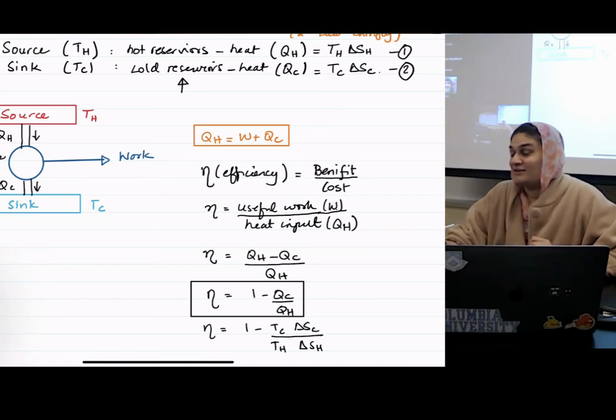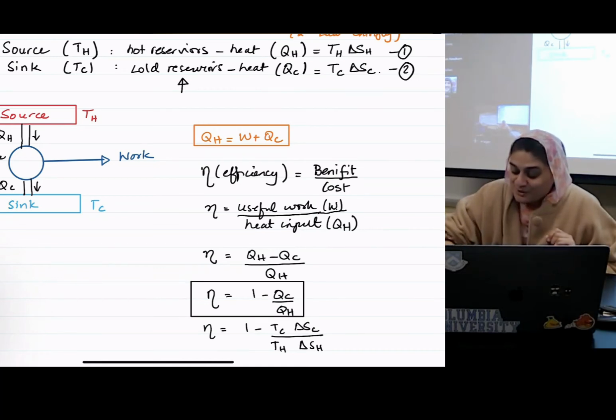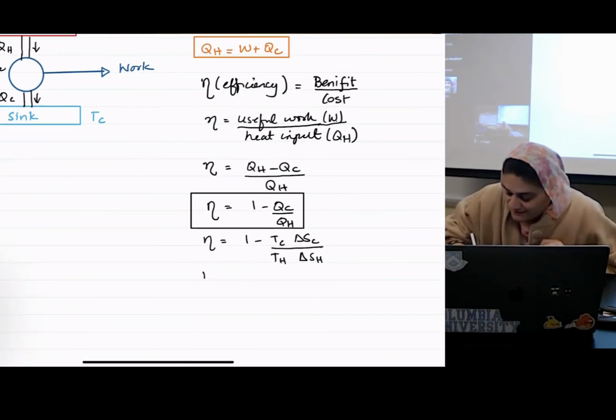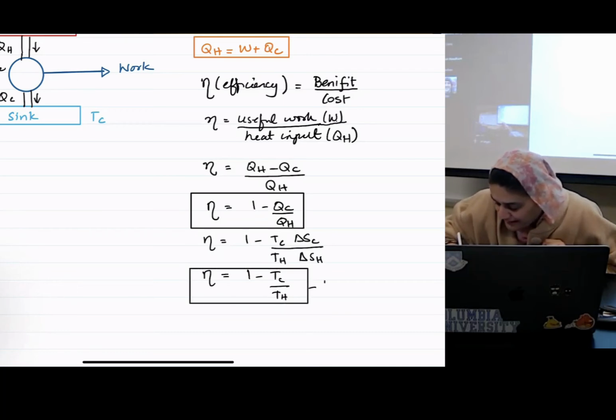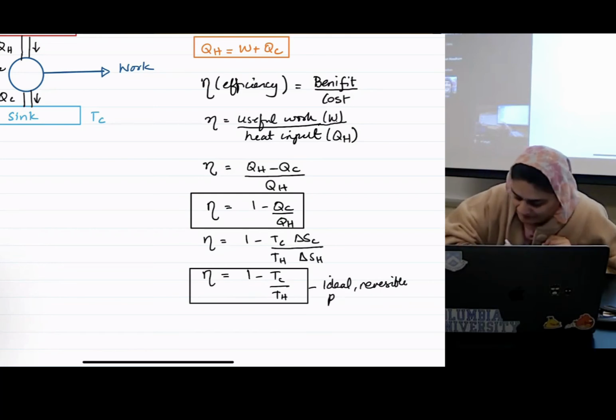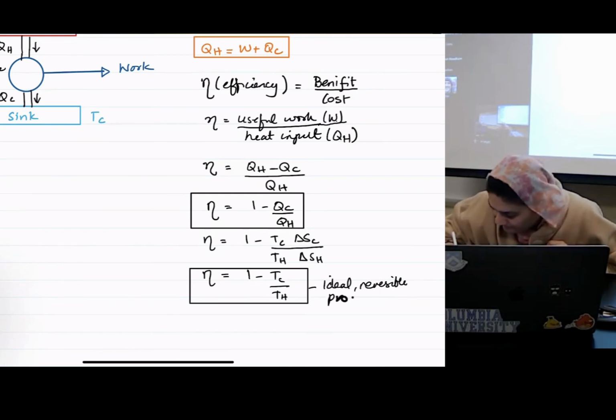Only for ideal reversible processes. So when you see this equation written, understand that this is for ideal reversible processes only.